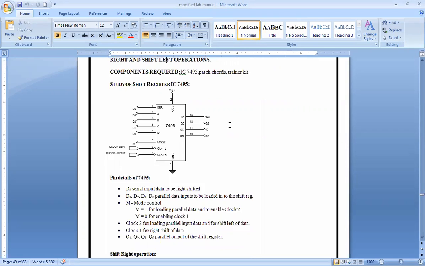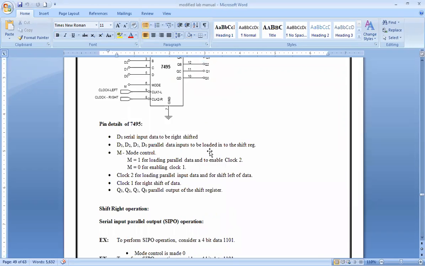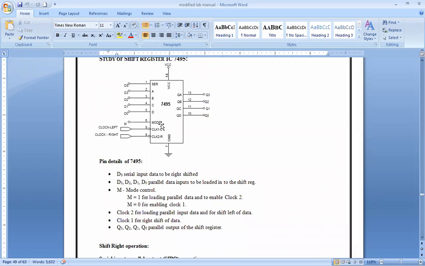For that we will be using a standard shift register IC, which is 7495. Various pins are given here, and there are different modes of operation. Based on the mode, it will either shift left or right and take the serial data or parallel data. So let us get into the details.